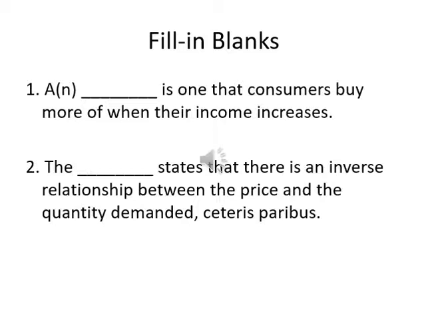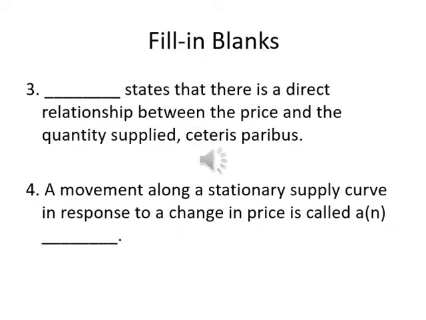The blank states that there is an inverse relationship between the price and the quantity demanded, ceteris paribus. 3. Blank states that there is a direct relationship between the price and the quantity supplied, ceteris paribus.